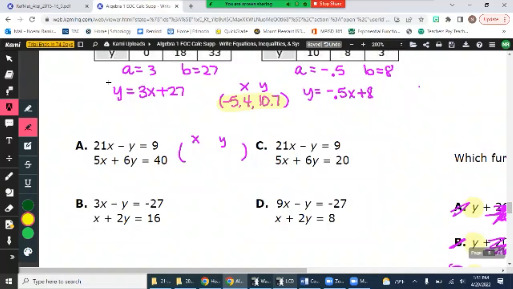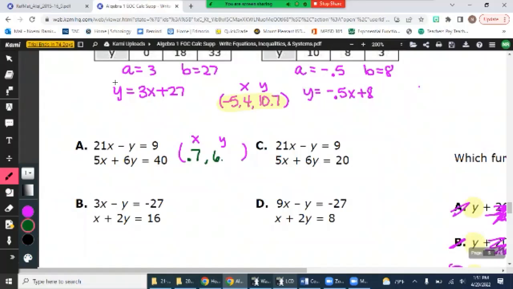And now I can find where all of these intersect by using matrix. And when you punch those into matrix, A will give you 0.7 and 6.0. So I can go ahead and eliminate that. B will give you negative 5.4, 10.7.